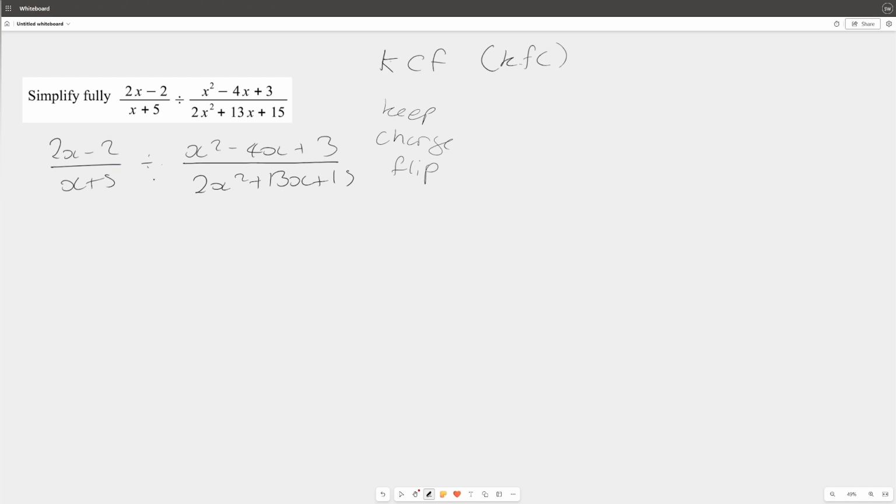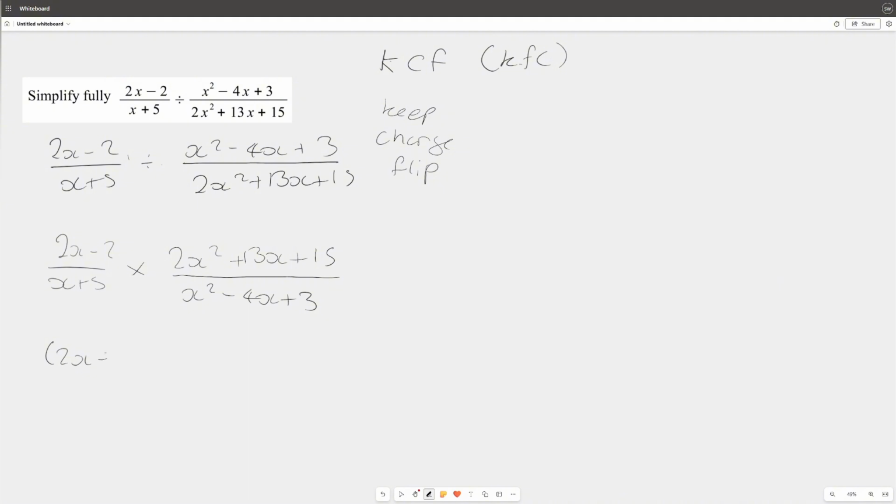So we can keep this fraction the same, we can change this to a multiplication sign, and we can flip this fraction upside down. So (2x minus 2) over (x plus 5) times (2x squared plus 13x plus 15) all over (x squared minus 4x plus 3). Now that these are multiplied together, we can put them in brackets.